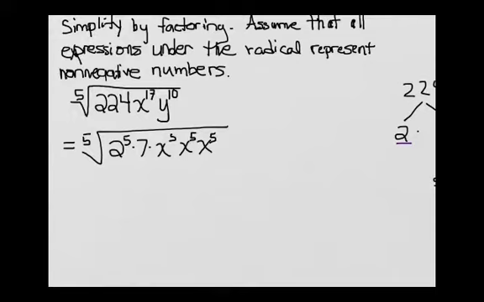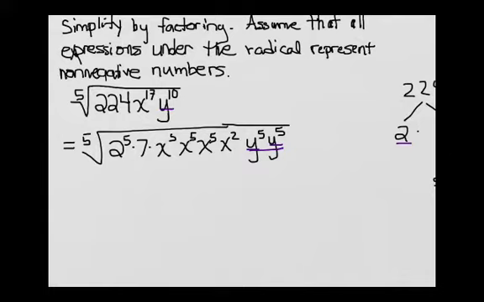That's now 5, 10, 15 factors, so we need 2 more to be equal to our original expression. So we now have x to the 17th written in a different form, and y to the 10th can be rewritten as y to the 5th times y to the 5th. So here we have y multiplied by itself 5 times, y multiplied by itself 5 times, and so together that's y multiplied by itself 10 times. So that's an okay way to rewrite y to the 10th.